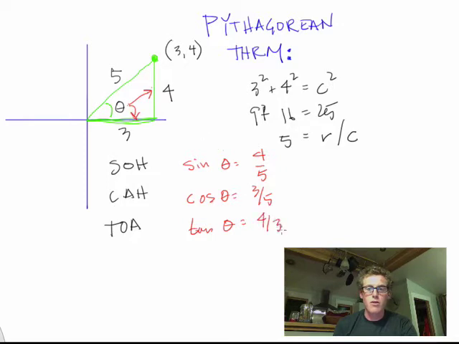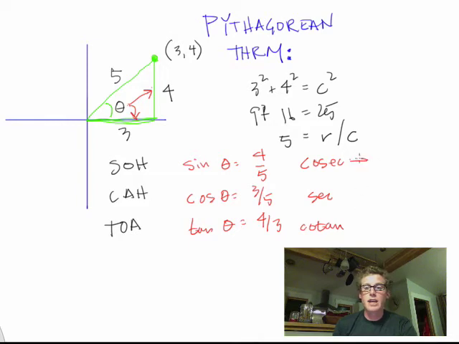And then one little curveball to throw in there: if we were talking about what's called cosecant, secant, and cotangent, these are all reciprocals of sine, cosine, and tangent.